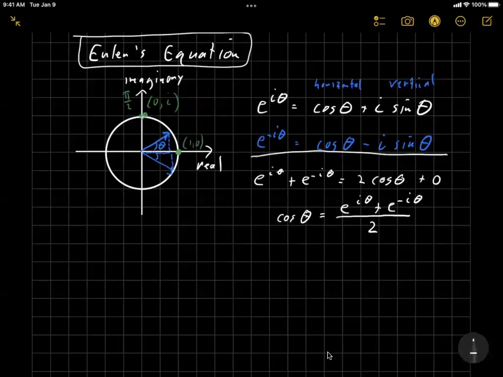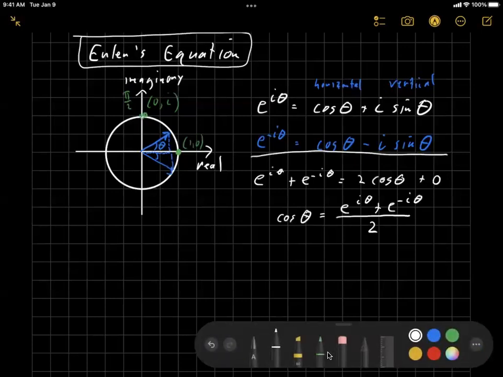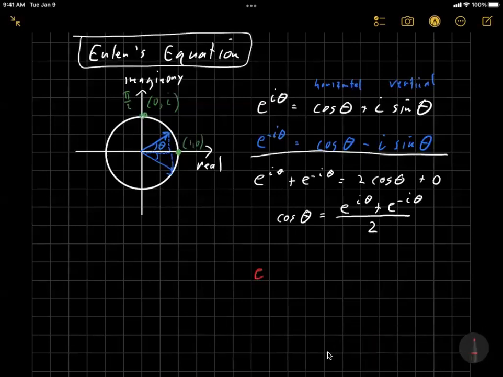Now, if instead we had subtracted, I'll switch colors here, and we wanted to do e to the i theta minus e to the negative i theta, when we look at the right-hand sides, we can see that the cosines would cancel, and we would end up with 2i sine theta.